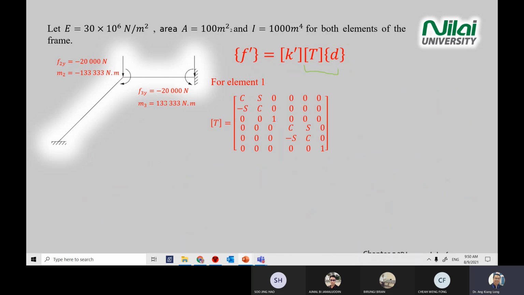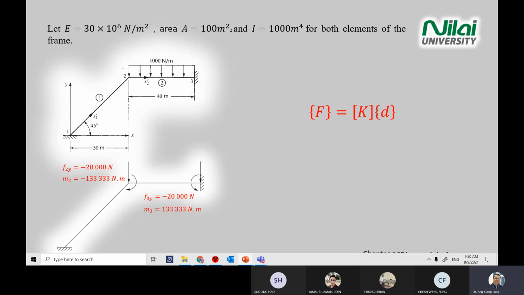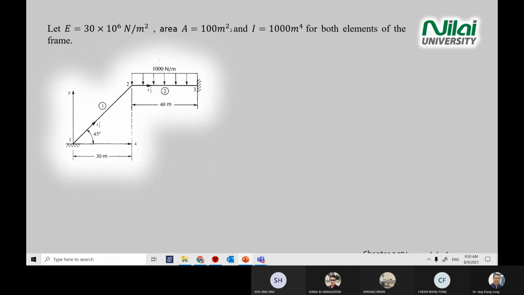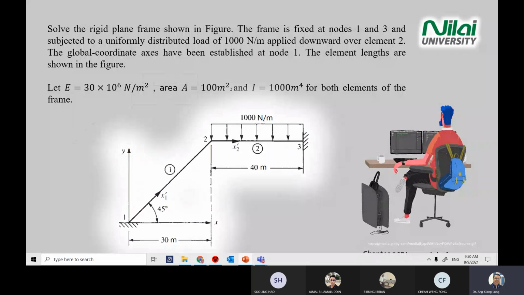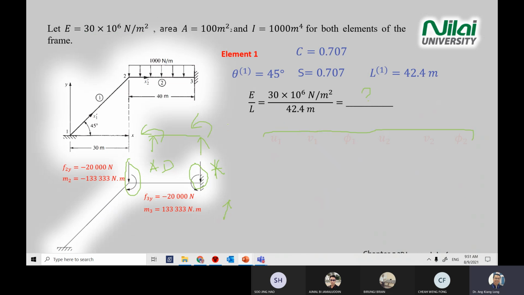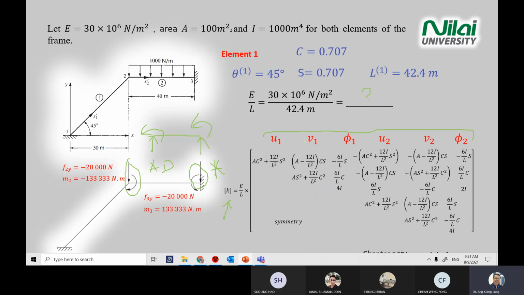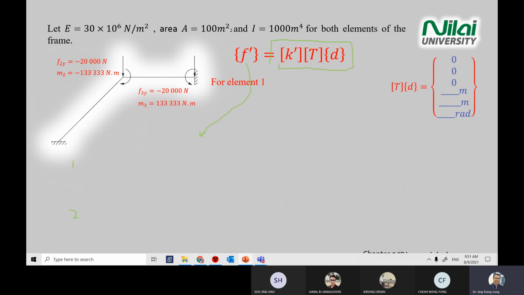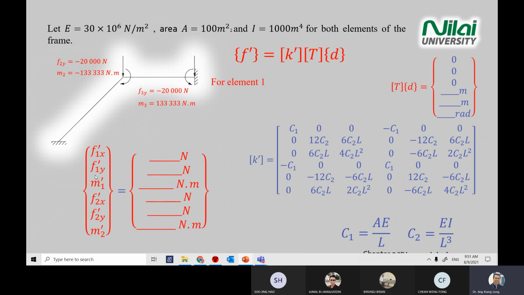In a test, you look at the question. Usually the question will tell you the keyword, rigid plane frame. For a rigid plane frame, you will see U, V, rotation for 1 point, and for the force you have F1x, F1y, and moment. This only happens in rigid plane frames.